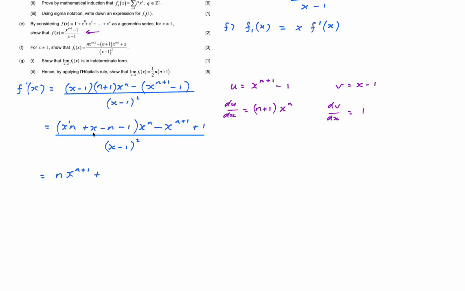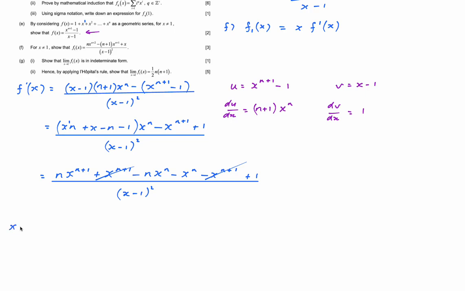Plus x times x to the n is again x to the n plus 1. Minus n times this is minus n x to the n. Minus 1 times this is minus x to the n. And then minus this plus 1, all over x minus 1 squared. Now look, some nice things are going to happen. Well, at least one nice thing. We have that cancels with that.